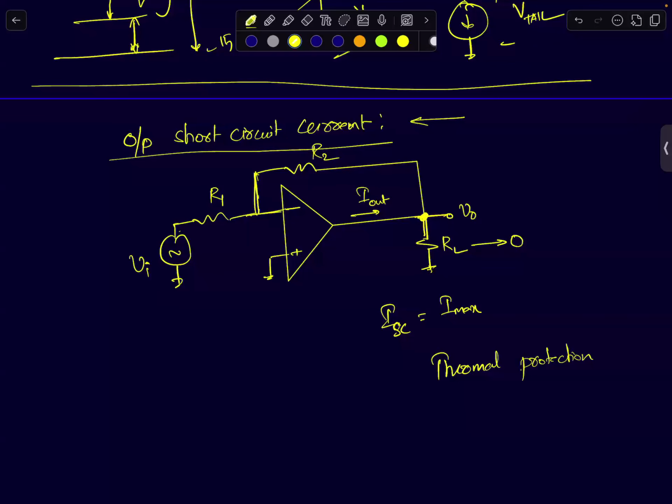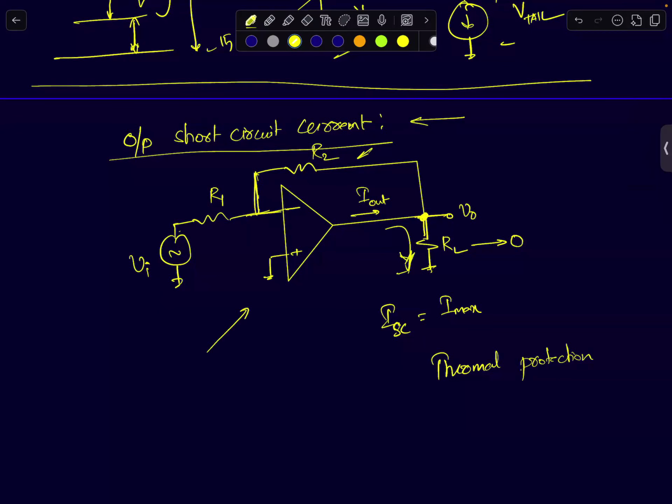Output short circuit current is the maximum current that the op amp can supply when you short circuit the output node. So let's say you're building an inverting amplifier like the one I've shown in the circuit, but this amplifier is driving a load resistance. The load can be an ADC's input, or it can be an audio amplifier's input.